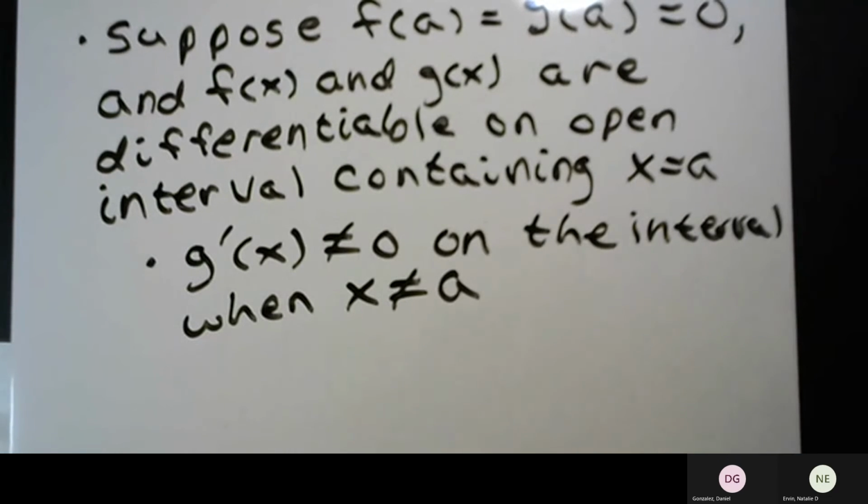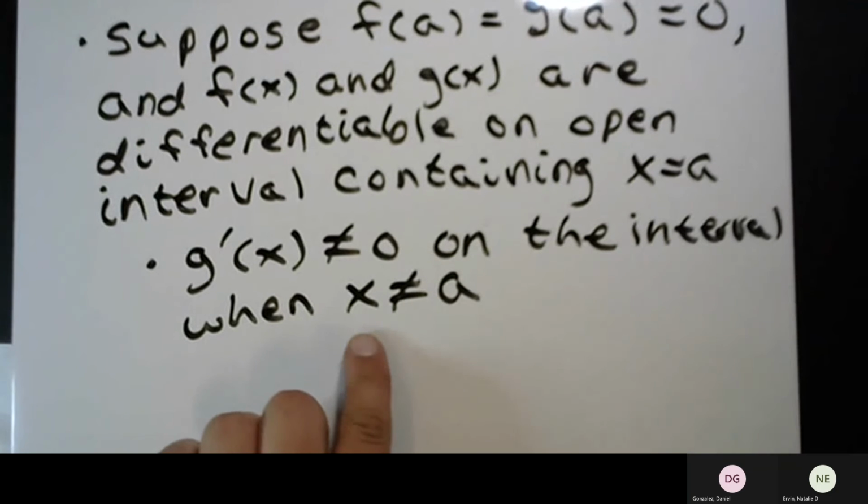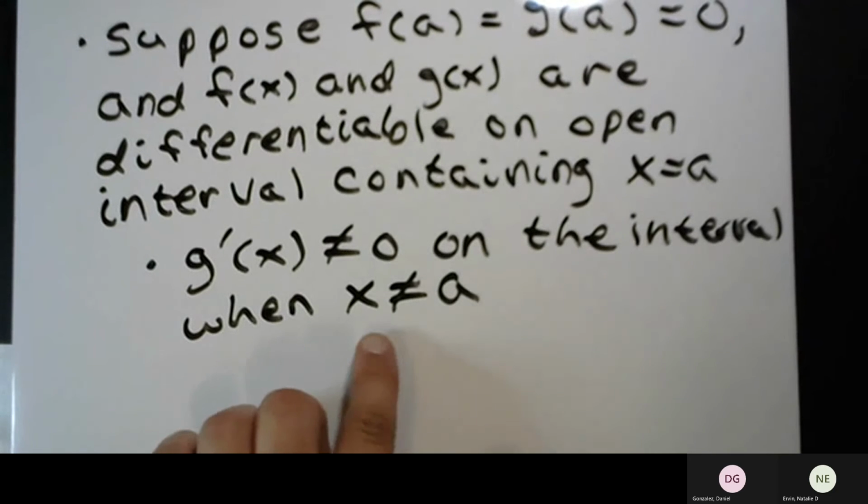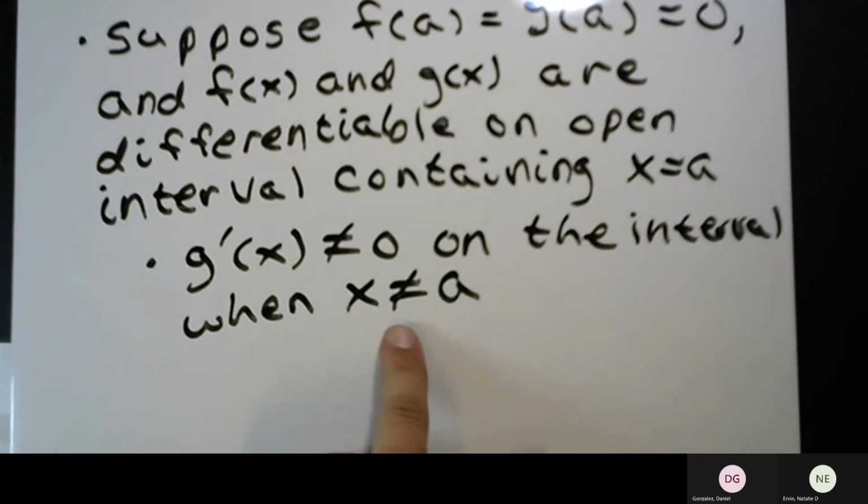Now, this last part might be a little confusing. Recall that we're going to be talking about limits in section 4.5. With limits, we're not talking about a situation where x necessarily has to be equal to a. We're interested in what happens as x gets very close to a. It's practically a, but it's not exactly a.